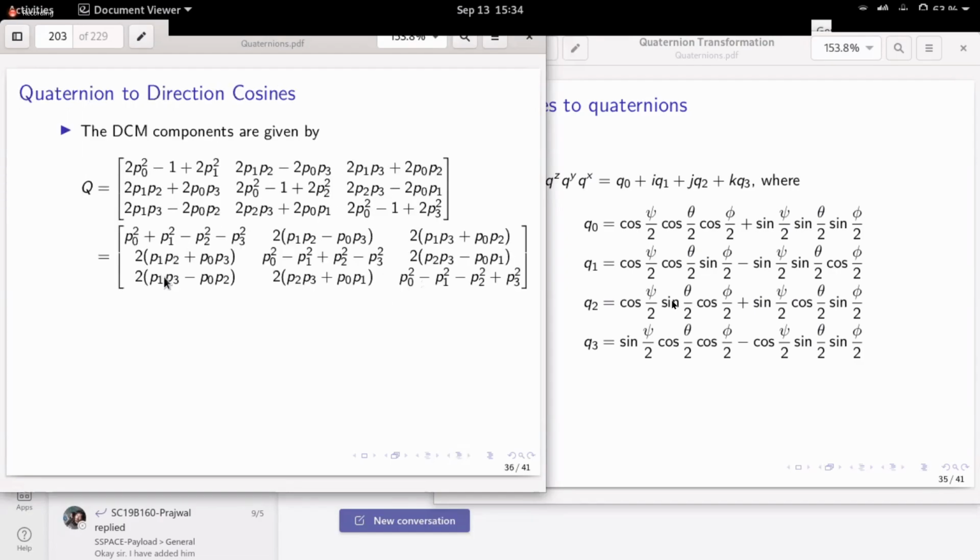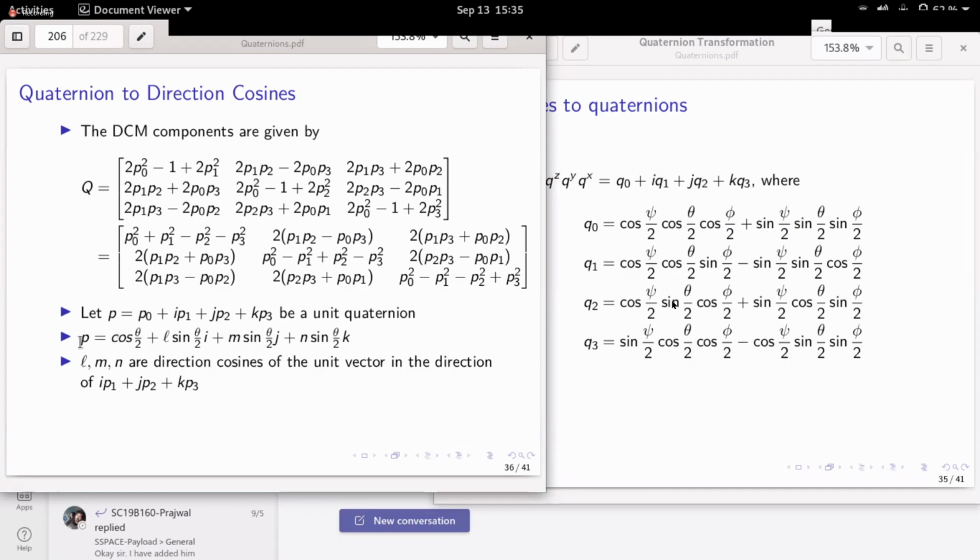And then the other one, if the DCM components are given by this expression, this was what we discussed in the beginning. From the DCM matrix, how to compute the P0, P1, P2 squared. So the alternate expression is given in the second row. This is the quaternion we have to extract. No, this is the other one. This is how to compute the direction cosines.